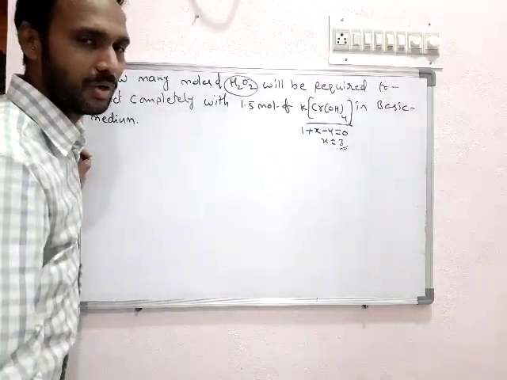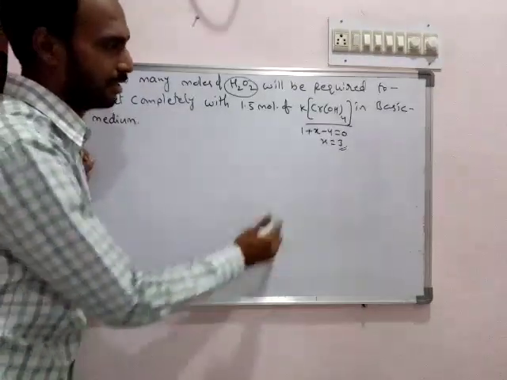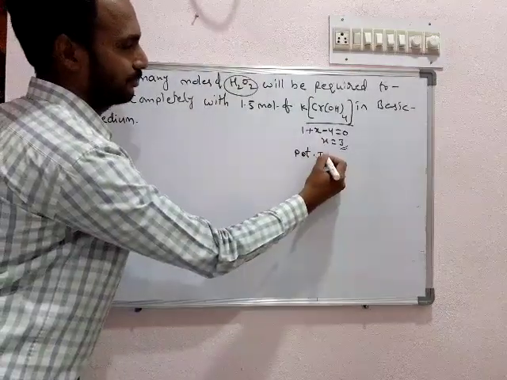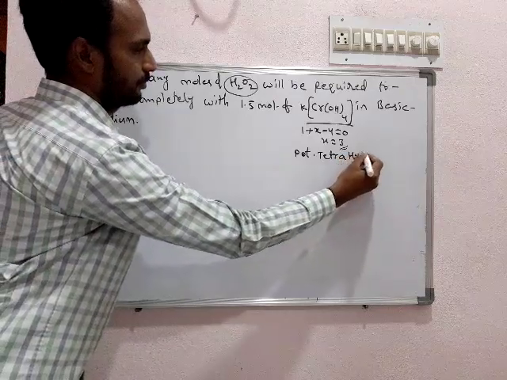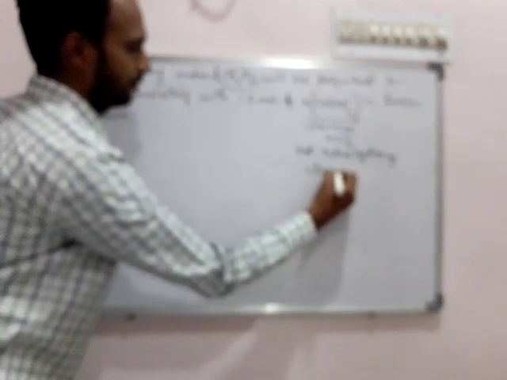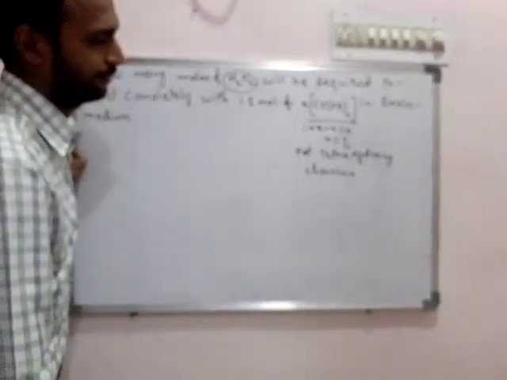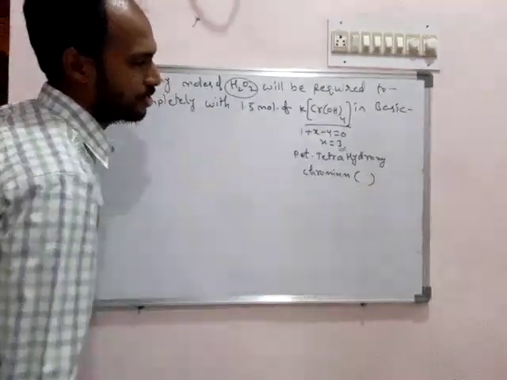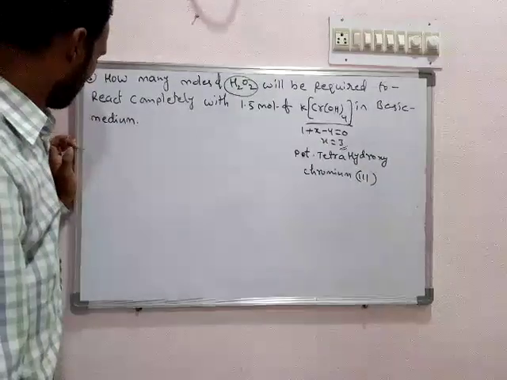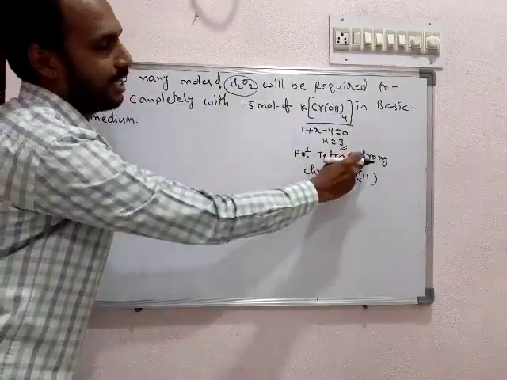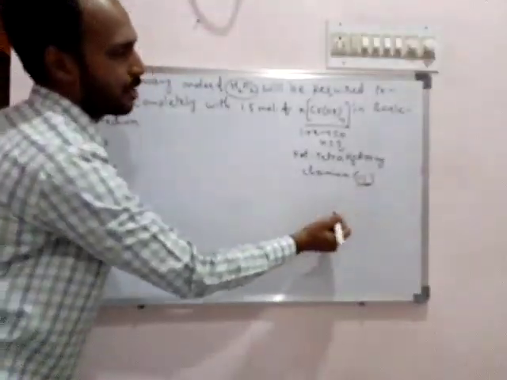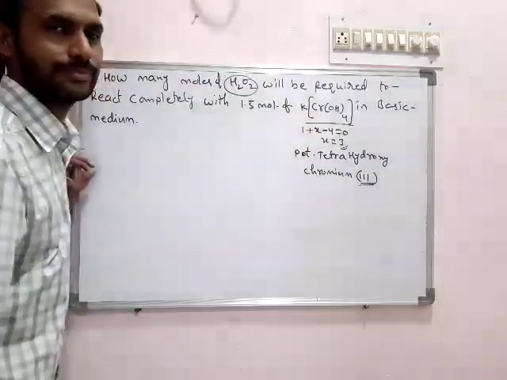So it is a complex compound named potassium tetrahydroxy chromium(III), where the 3 indicates the oxidation number of chromium.